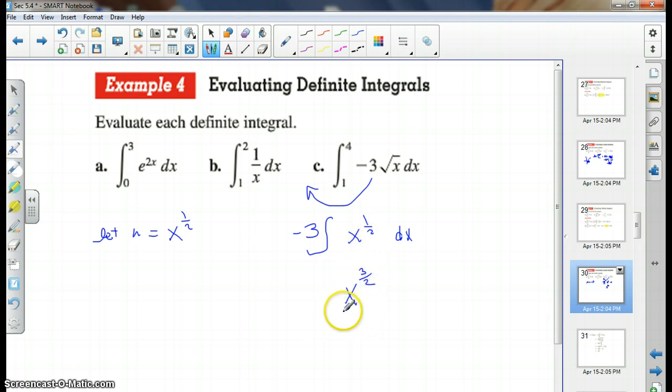Well, instead of dividing by a fraction, I'll multiply by the reciprocal. And it looks like I have this blue -3 hanging out here as well, which cancels and leaves me with the -2x to the 3/2. But remember, I need to integrate that between 1 and 4.